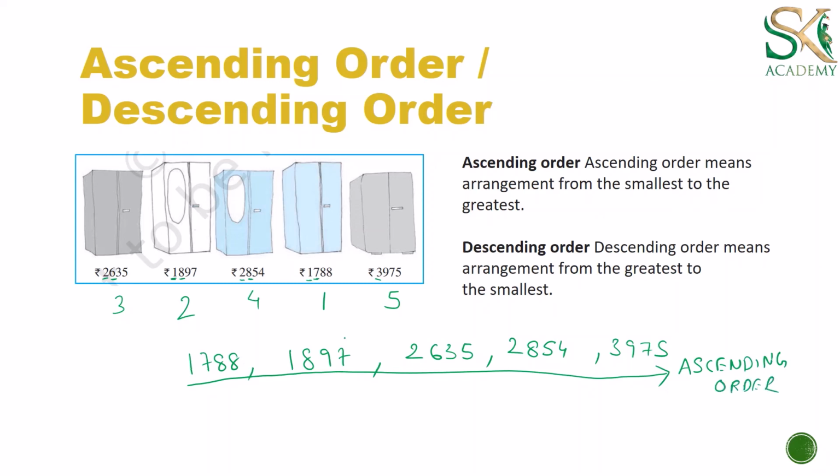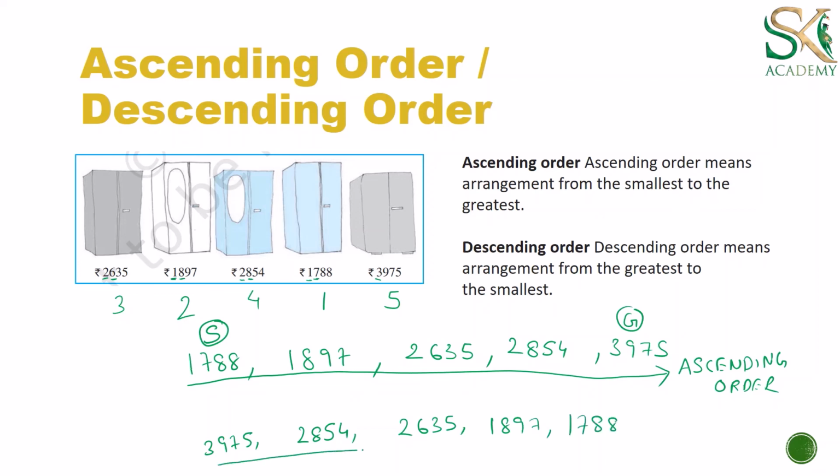When you write from smallest to greatest. Similarly, if you write from 3975, 2854, 2635, 1897 and 1788.